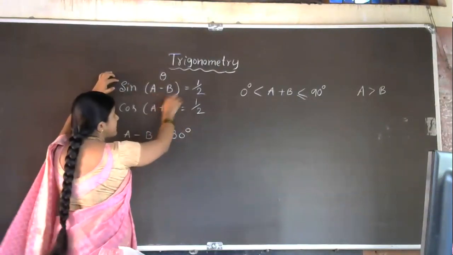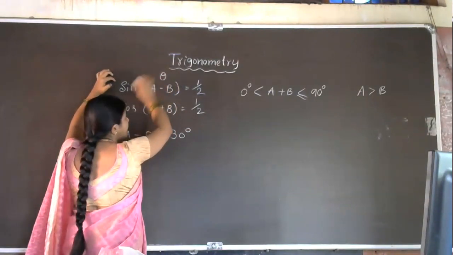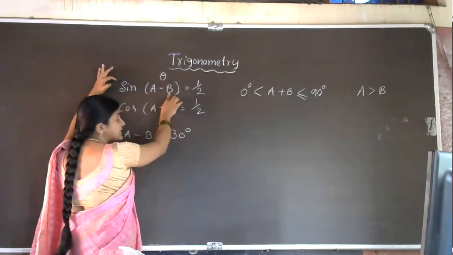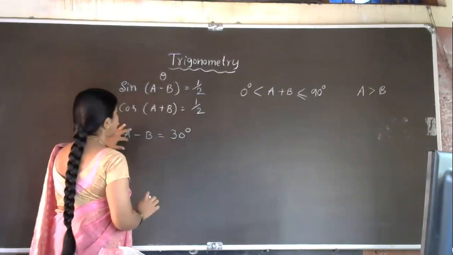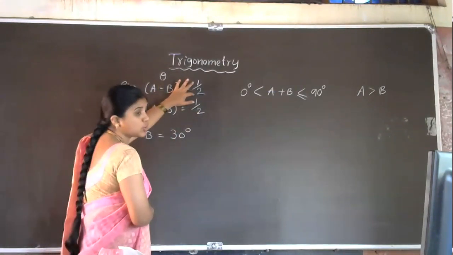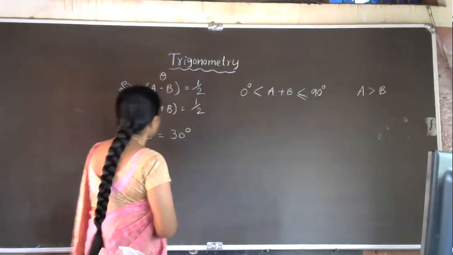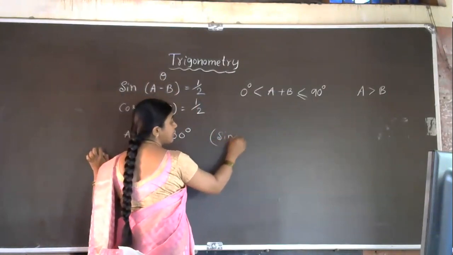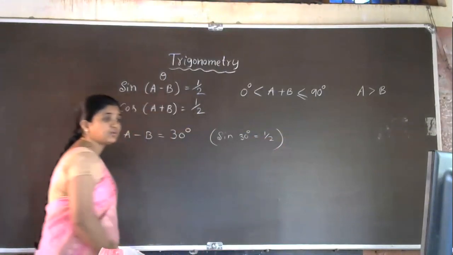Because if we substitute 30 degree in this A minus B place, then sine 30 is equal to half. Sine of A minus B is equal to 1 by 2, in the sense sine 30 is equal to 1 by 2. That's why A minus B is equal to 30 degree. Because sine 30 degree is equal to 1 by 2, this reason you have to write.